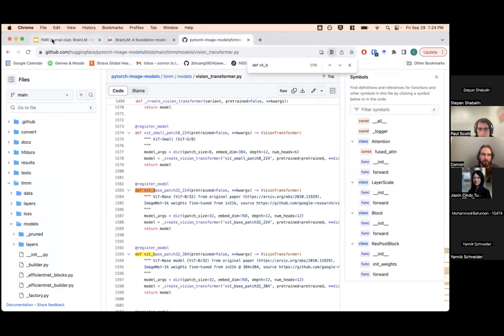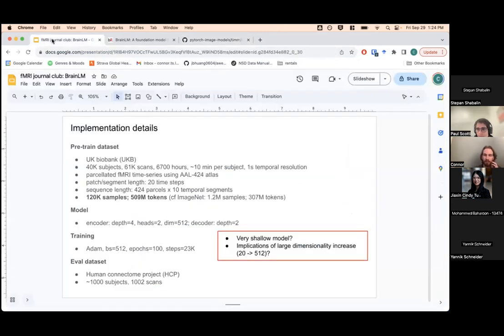Yeah, 12. Okay, so kind of a small model, but the data set is large. And this is one thing that they answered in the feedback they got on Twitter, is that they're currently training a larger model.